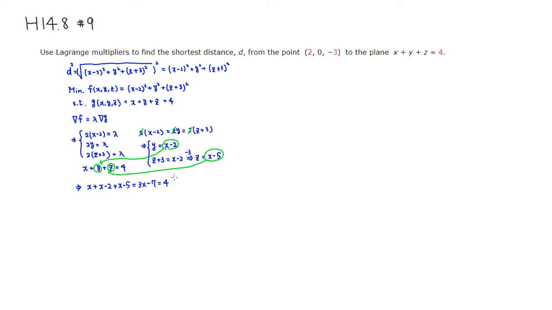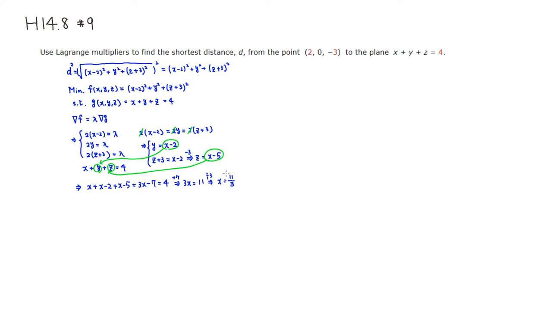Add 7, so 3x is equal to 11. Divide by 3, and we get x to be 11 over 3.